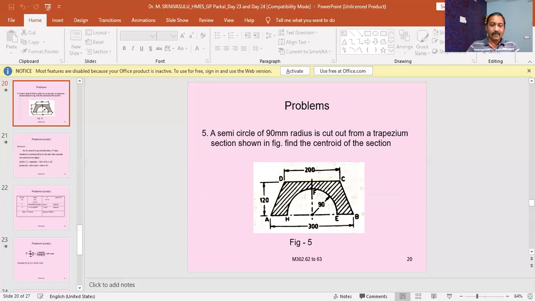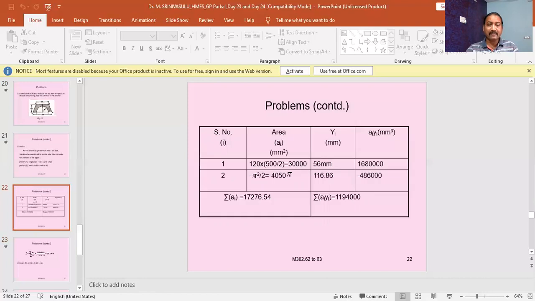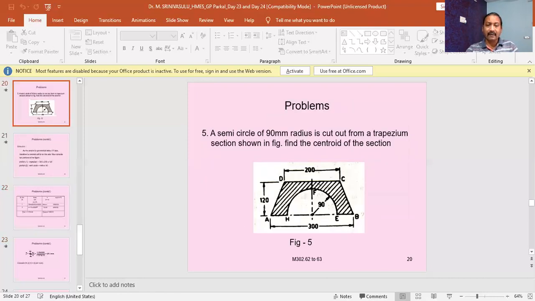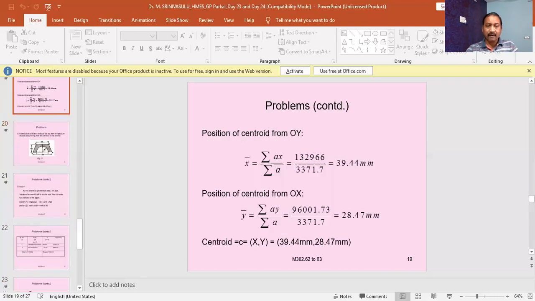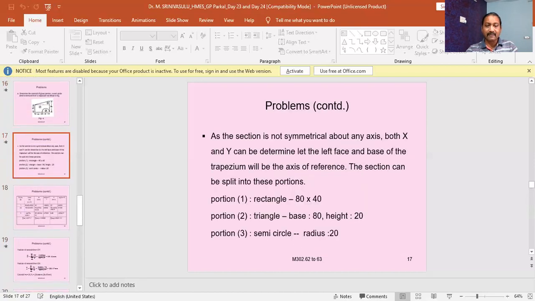So for the whole trapezium as a whole, the y1, that is the height of the centroid, is lying at a distance of half of the height. The height is 120, so y1 is equal to 120 by 2. Here we get the formula, that is (2a + b) by (a + b) into h by 3, which we can recall.